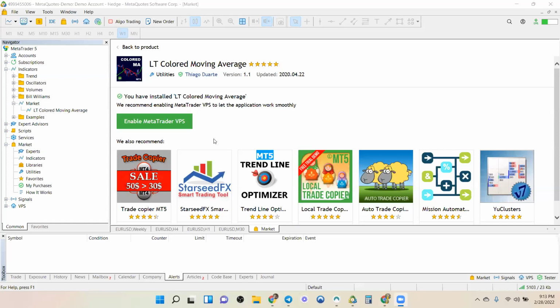If you're looking for it, it's going to be sitting right here, under your market tab in your navigator toolbox. Once we go back to our chart, all we're going to do is drag and drop it onto our screen.